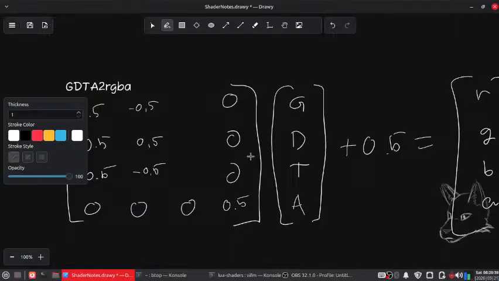Temperature is full red. So 0.5, half green.